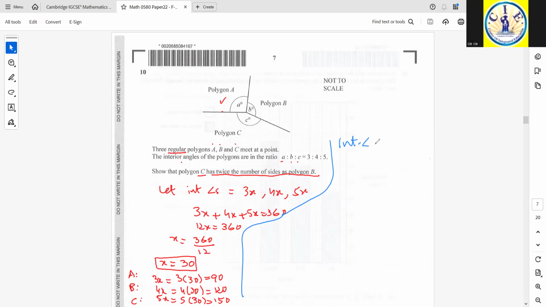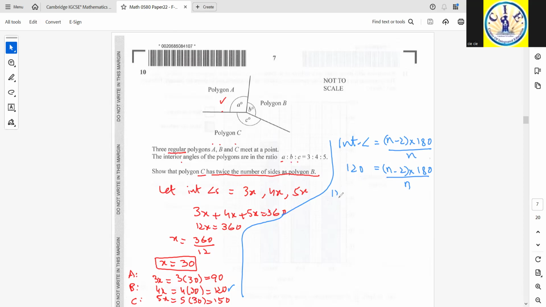Okay. Now we know that the interior angle of a regular polygon is given by n minus 2 times 180 divided by the number of sides. For B, I'm going to do it with 120, because for B the interior angle was equal to 120.